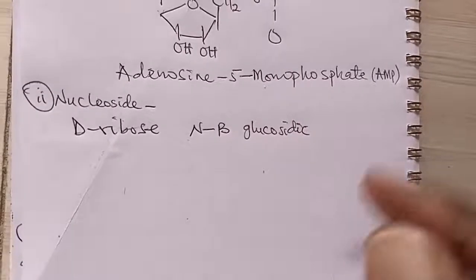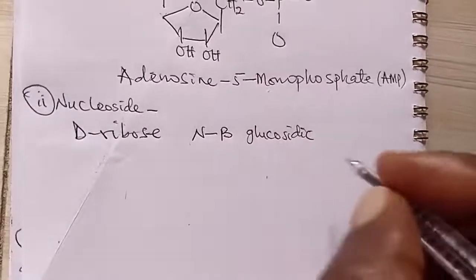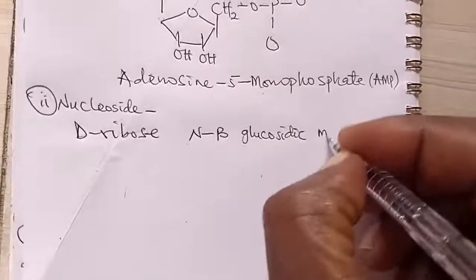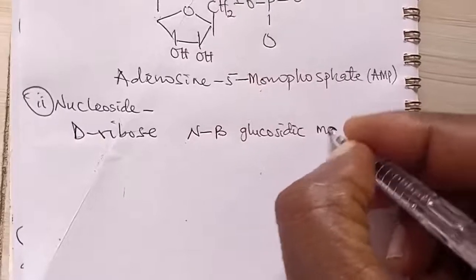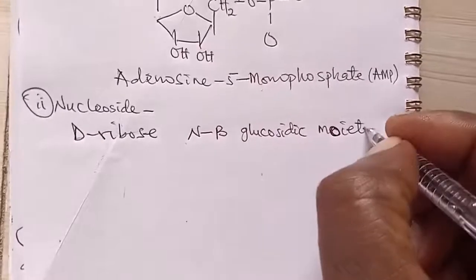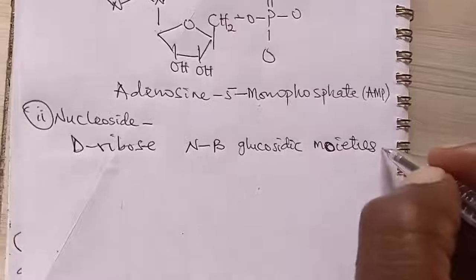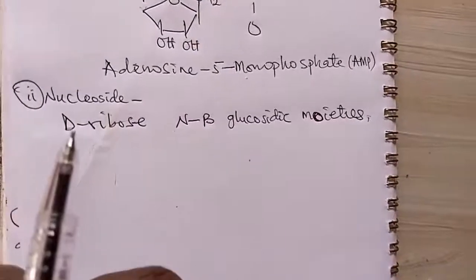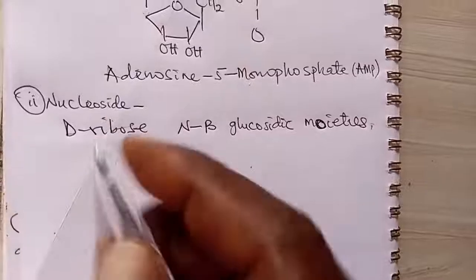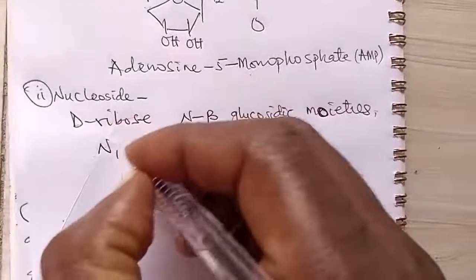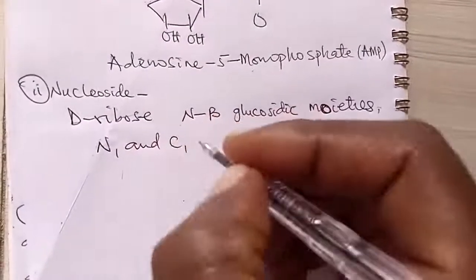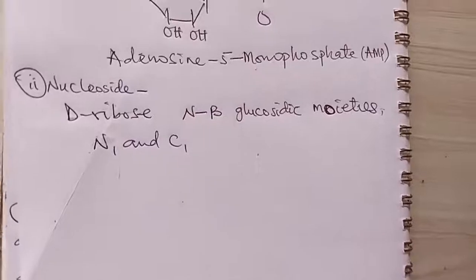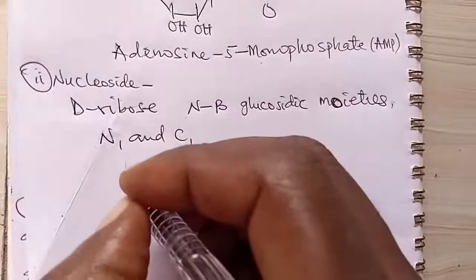The bond linking the two moieties, the nucleobase and the ribose or deoxyribose sugar, is through the N1 and C1 atoms respectively. An example of that is the uridine.